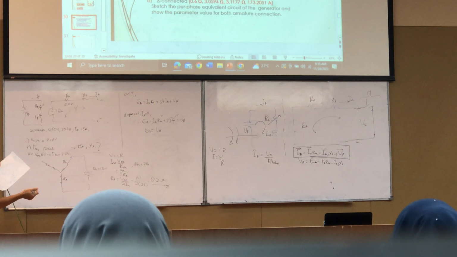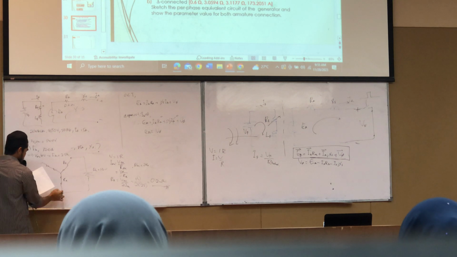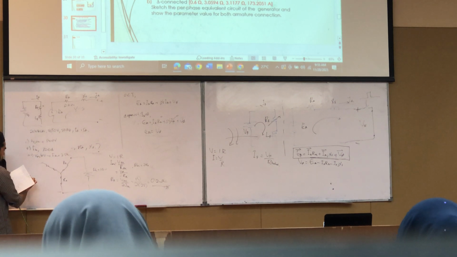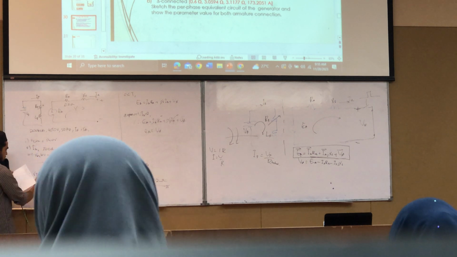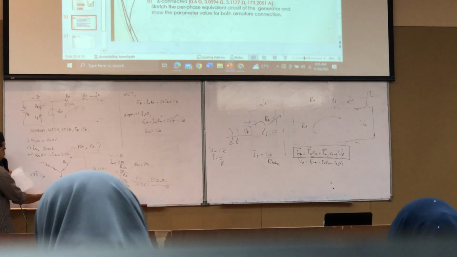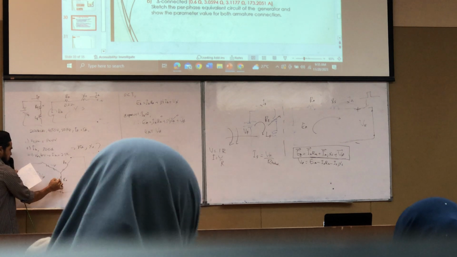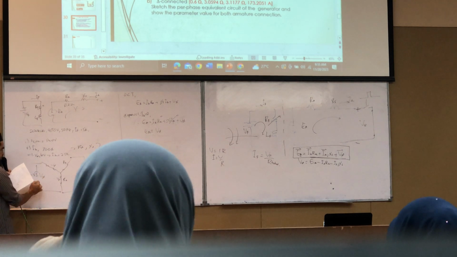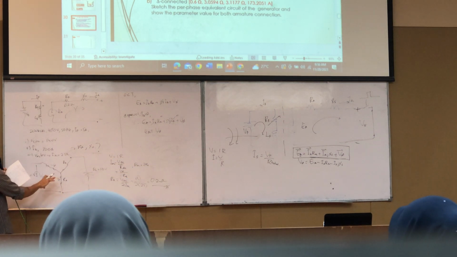So go back to your circuit. Your V line to line is equal to root 3 V phase. But when you measure line to line here, so this is your V phase. The line voltage should be bigger compared to V phase.